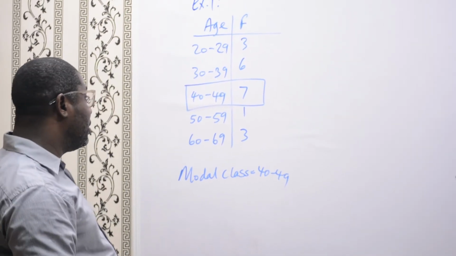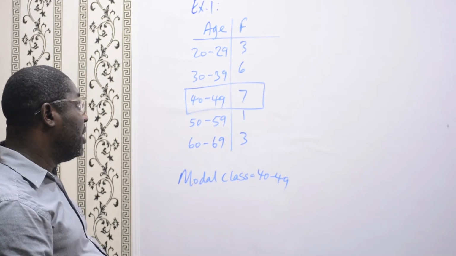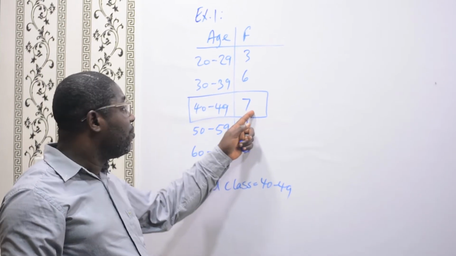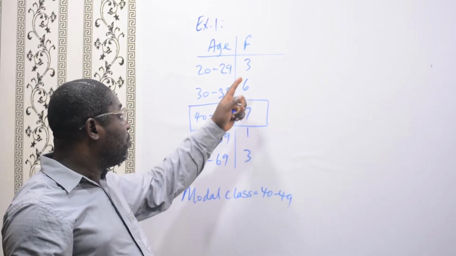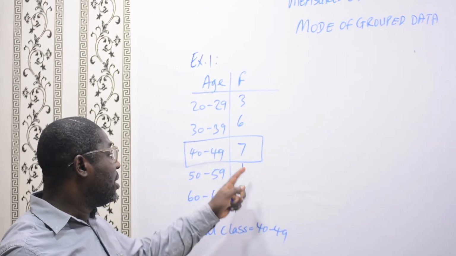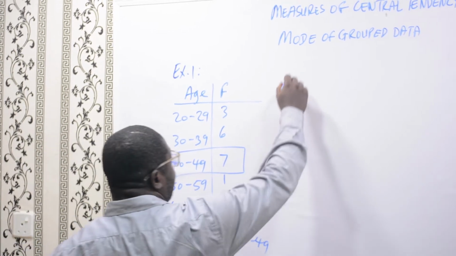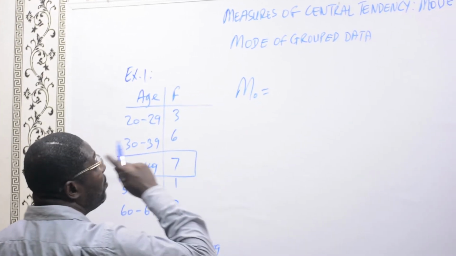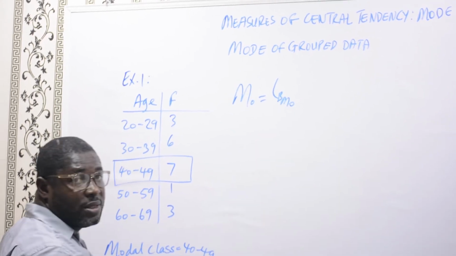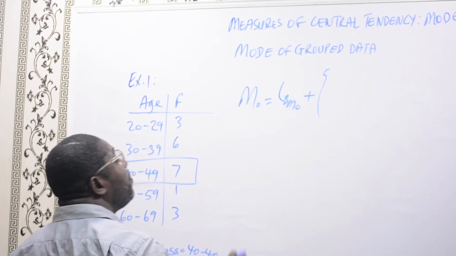Now for us to calculate the mode of the modal class, all we need to identify are the frequency of the modal class, the frequency of the class before the modal class, the 6, and the frequency of the class after the modal class, 7. That's what we need. So look at the formula here. The formula is given as the lower class boundary of the modal class, plus, and I'm opening a brace here.